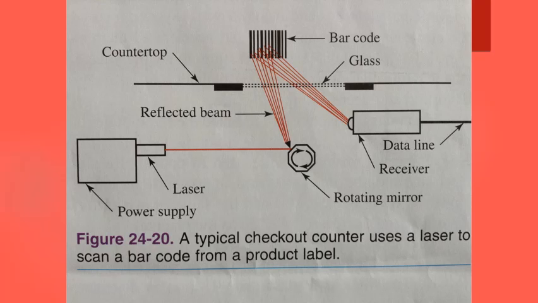The light strikes the bar code and is either absorbed by the black bars or reflected back down to the receiver units by the gaps between the bars. The receiver unit is a light-sensitive diode or transistor. The electrical impulse generated at the receiver is transmitted through wires to a computer where it is interpreted.